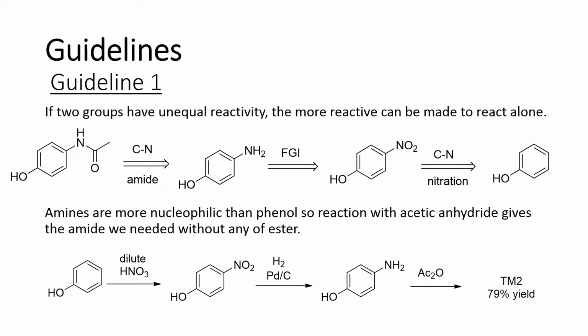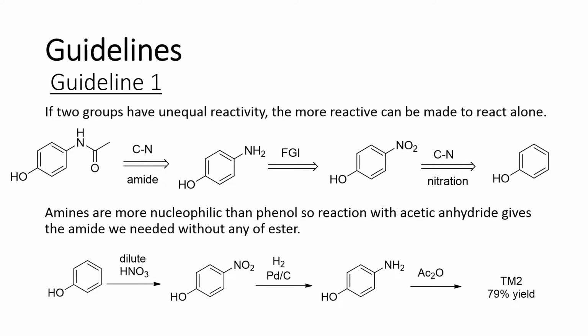In Guideline 1, if two groups have unequal reactivity, the more reactive can be made to react alone. Here the question is what is more reactive. More reactive means we will check its electronegativity or the feasibility to react with the substrate.